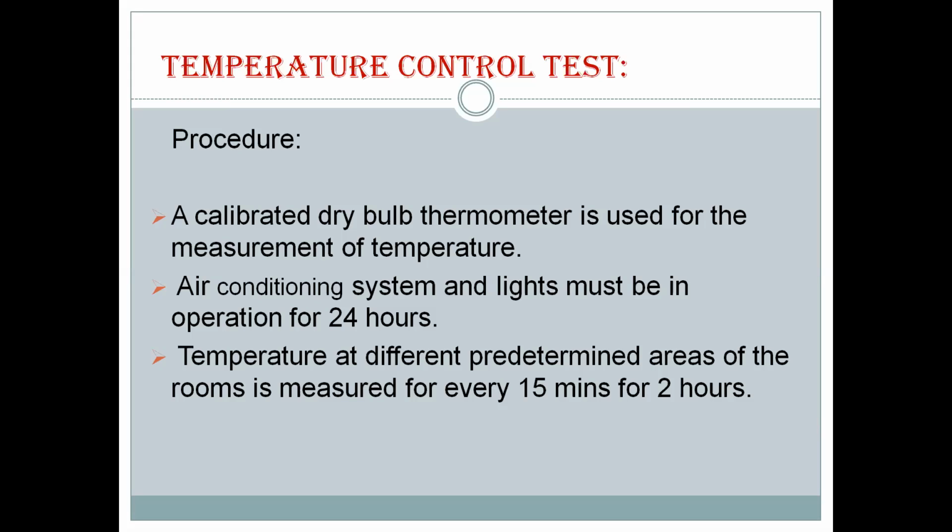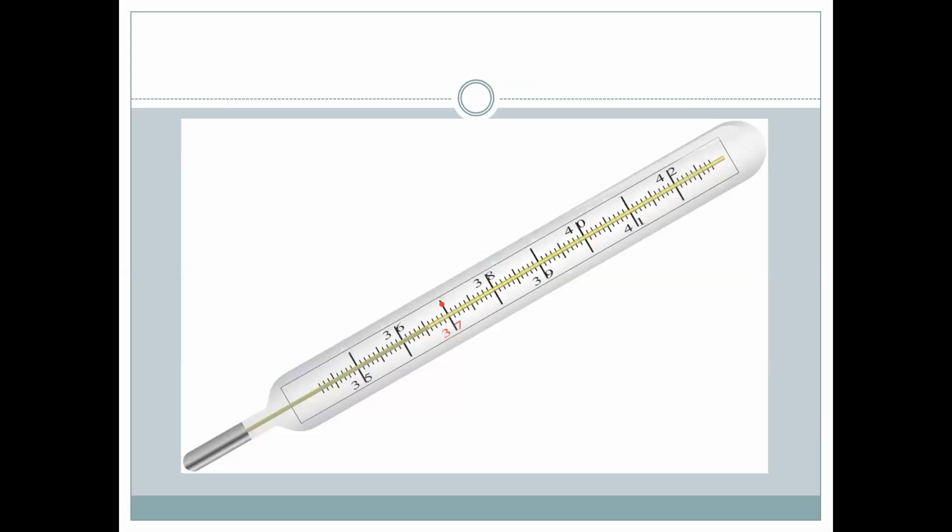Then temperature at different predetermined areas of the room is measured every 15 minutes for 2 hours. Take one room, measure the temperature at the predetermined areas every 15 minutes for 2 hours. This is a thermometer.